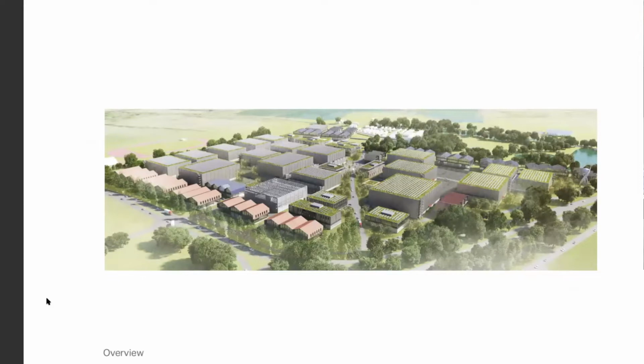So this is the overview of the scheme. This is very much a working image, but it encapsulates what we're trying to achieve. We are trying to draw the landscape into the project. We're trying to create a rhythm of the roofscapes around the perimeters of the site. We want to create as many green roofs as possible, have a lot of photovoltaics where we can, and really enhance the project.